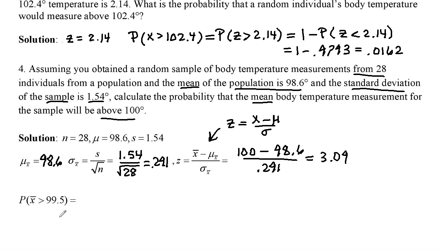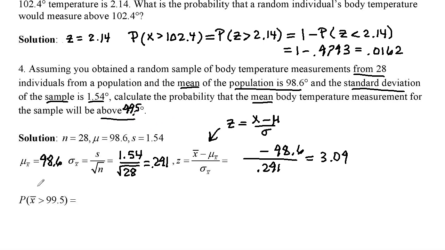So to say that the mean of, this should be not 100, this should be 99.5. Miscopied. So we want to know what's the probability a mean of a sample would be above 99.5 degrees.